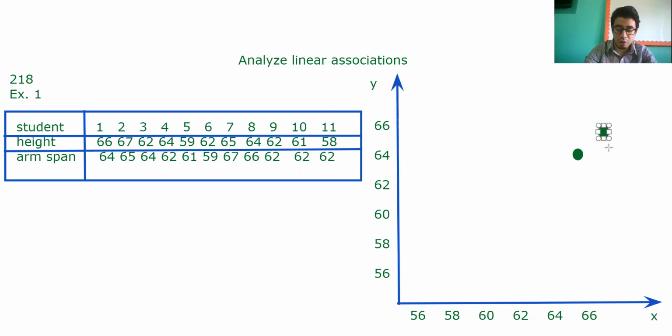The other one we are going to draw is 62 for x and 64 for y. It's going to be located in here. The other part we are going to draw is 64 and 62. It could be in here.